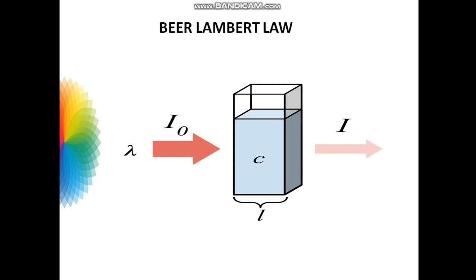So always the intensity of the incident radiation will be greater, so it is indicated by the darkened arrow mark here, than the intensity of the transmitted radiation, which is indicated by the faded arrow mark. C is the concentration of the solution and L is the path length. Usually the width of the cell is taken as the path length.